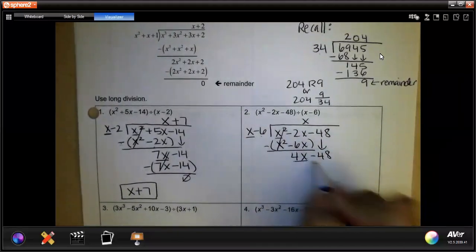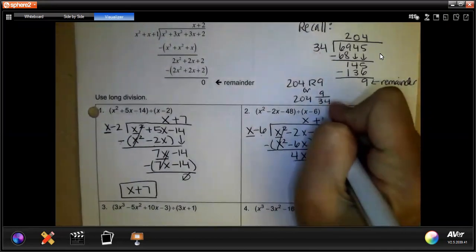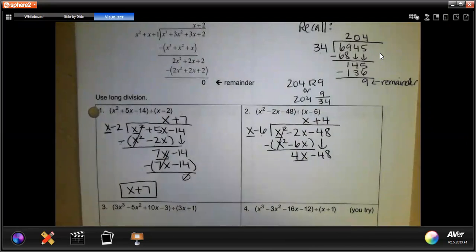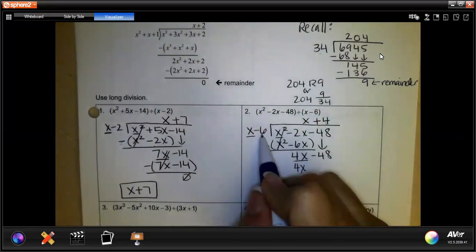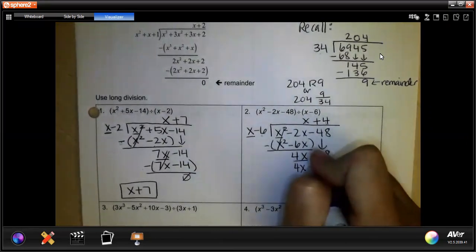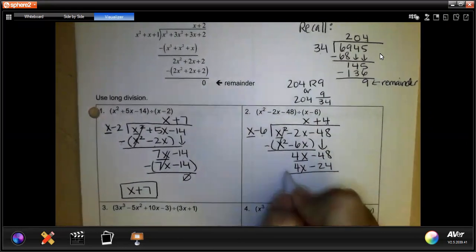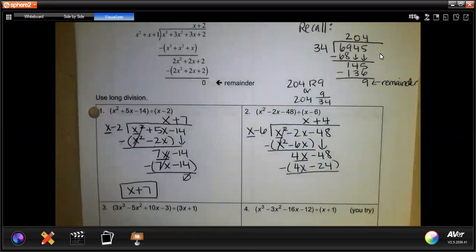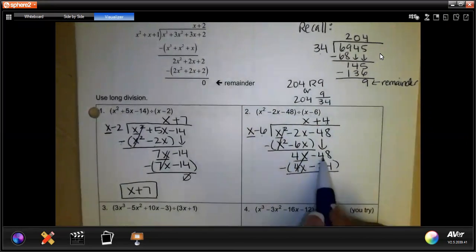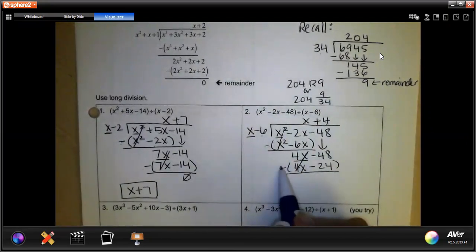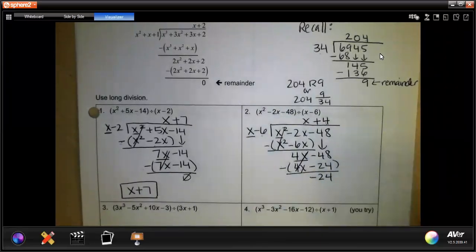I take this first term, 4x, and divide by x, and that is 4. 4 times x is 4x, and 4 times negative 6 gives me a negative 24. I'm ready to subtract. 4x minus 4x is 0, so that goes away. Negative 48 minus a negative 24 gives me a negative 24.